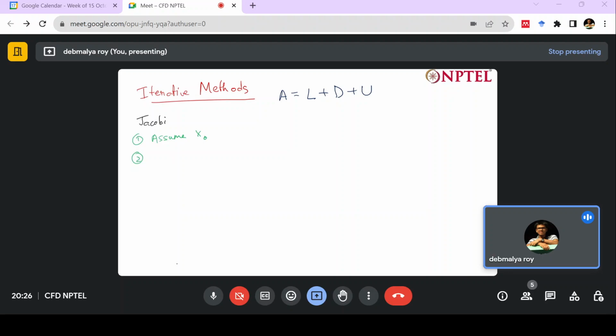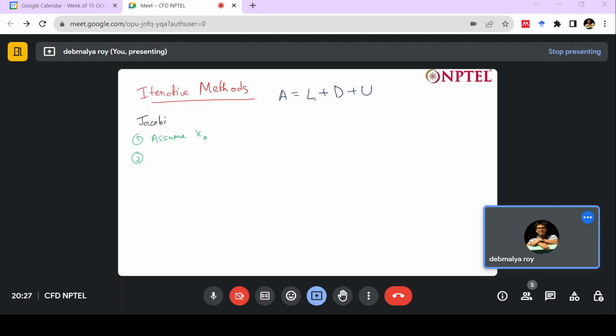So here we will assume that we start from the first variable and then work our way down. D is basically the coefficient of the x that we are trying to find. L will have the coefficients of the values that we have already found, and U will have the coefficients of the values that we are yet to find.